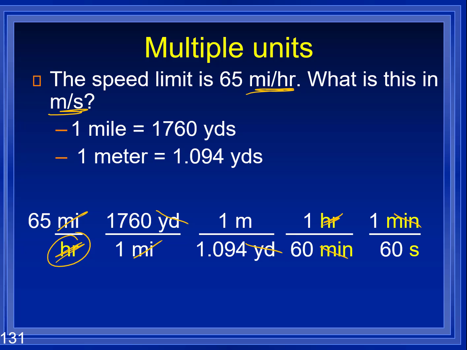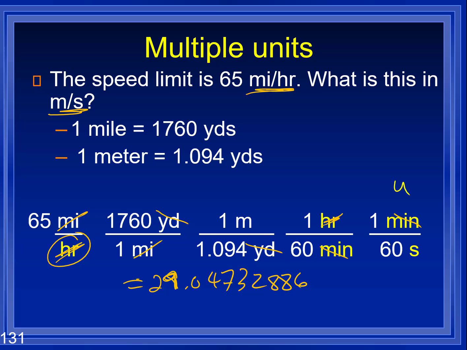Okay. And my calculator says 29.04732886. Way too many numbers to justify. So I got to think sig figs. All right. And let's start at the other end. In 1 minute, 60 seconds. Same system or different system? Same.